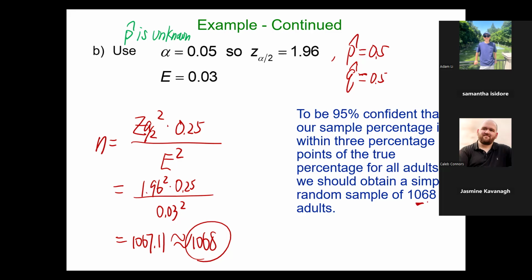So that's basically how you estimate the sample size with the designated parameters. Any questions about this?